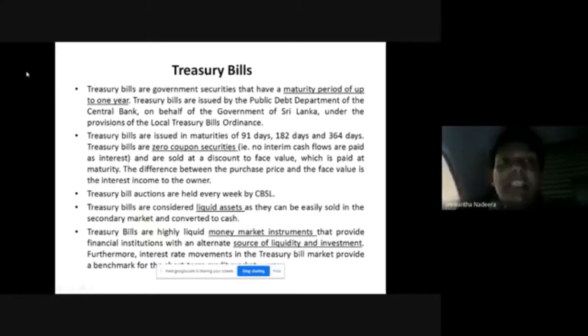Now these are the features of the treasury bill. They are auction based, 3612, everything will finish within 3612, auction based, right? So if you don't have any holidays during the week, you can have this easily.